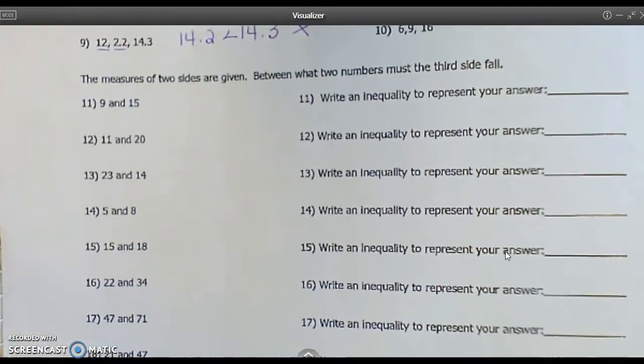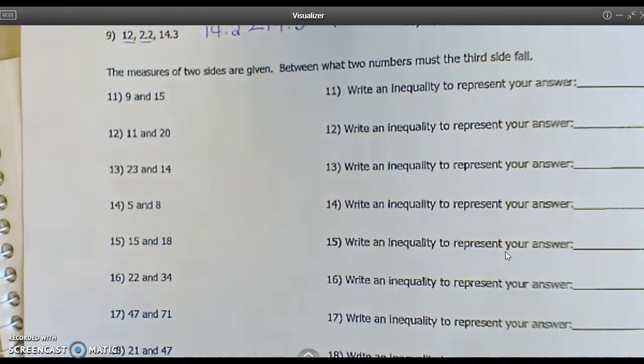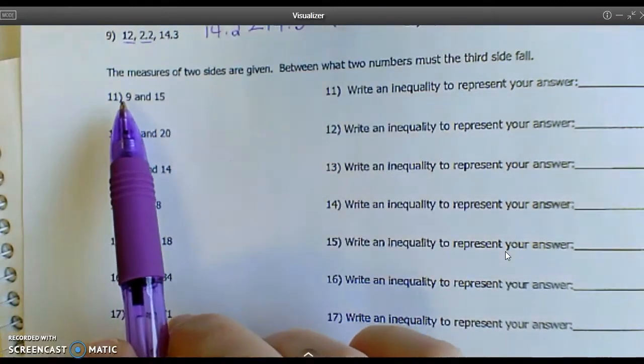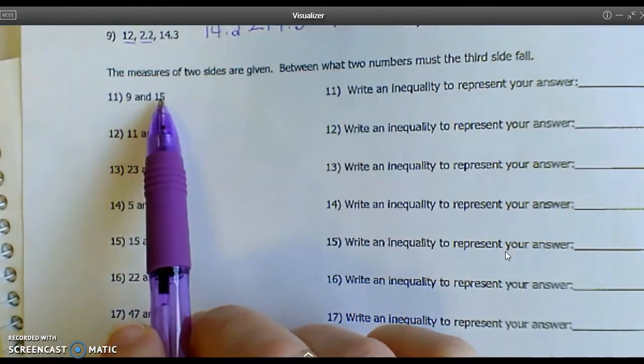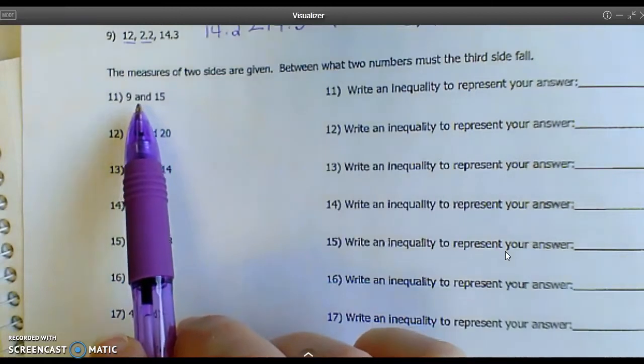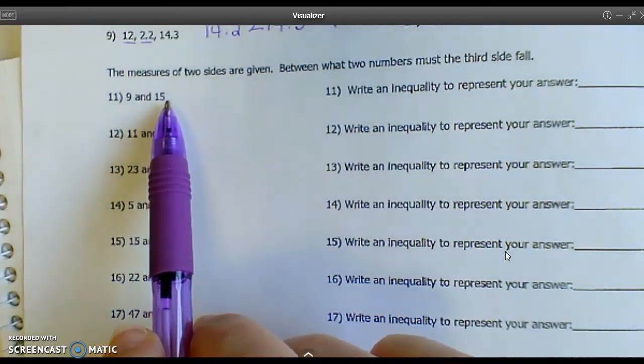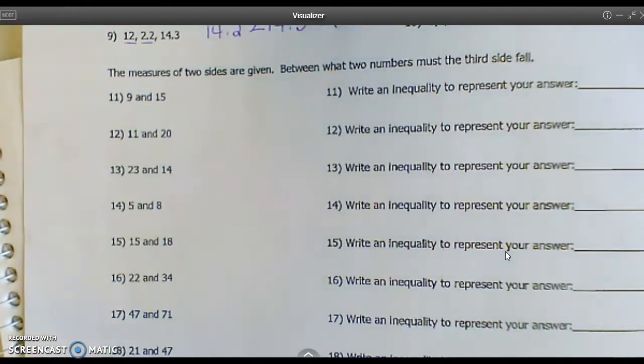Okay, the next ones, they're asking you to figure out the range that the numbers could fall in for the third side. So it's saying, if 9 and 15 are the lengths of the sides, what could be the length of the third side?